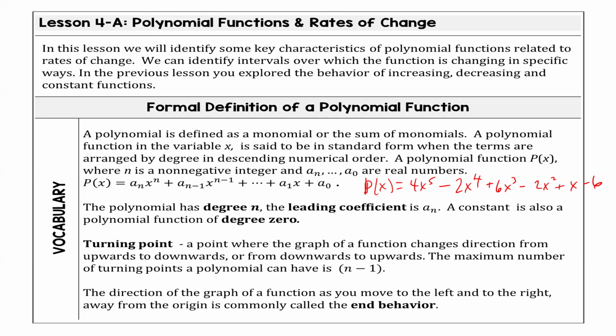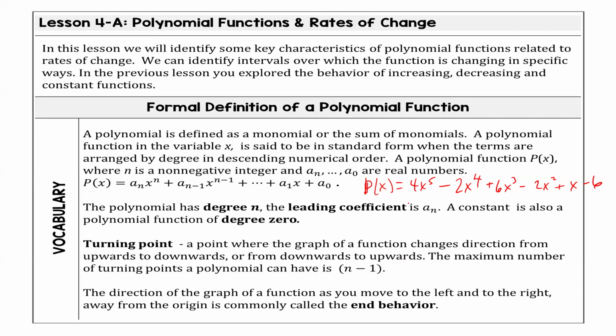All right. Now, next points are turning points. When we talk about turning points, we're talking about when it goes from increasing to decreasing. We change in the directions. So we're going from a maximum to a minimum and minimum to maximum. The max number of turning points that you can have is n minus 1, n being your degree. So for this polynomial, it can have up to 4 turning points. Does that make sense?